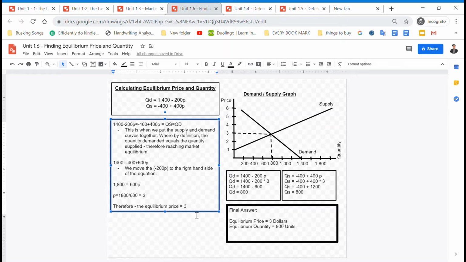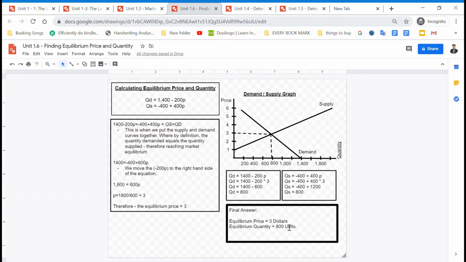Now, having a market equilibrium price of 3, there are basically two ways of calculating the quantity demanded, or the equilibrium quantity. We could use the demand method or the supply method. By using the demand method, we simply plug P equals 3 into the demand linear equation. If we calculate using the supply method, then we put P equals 3 into the QS linear equation.